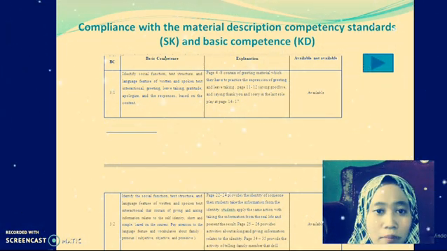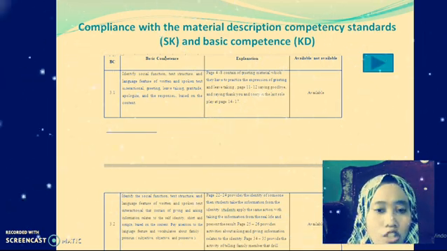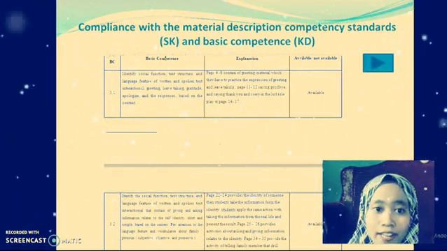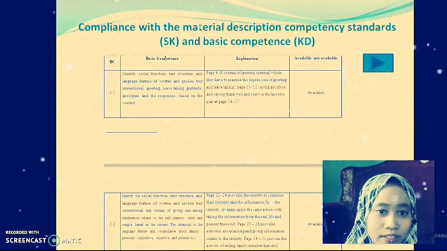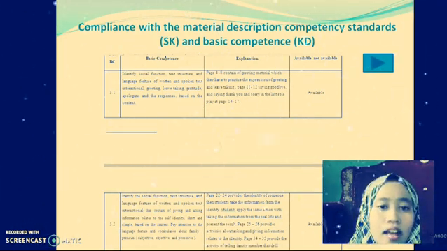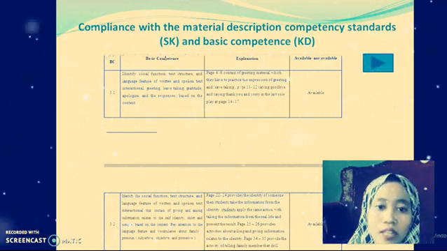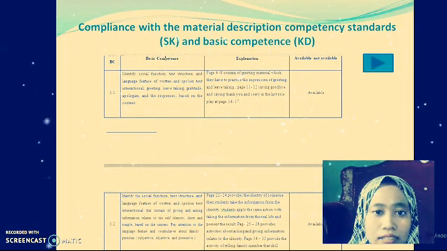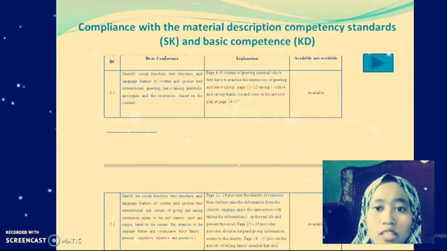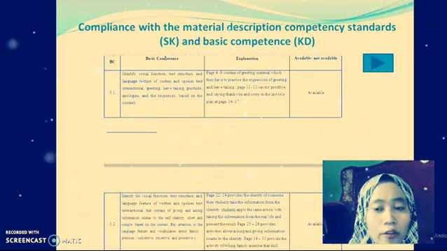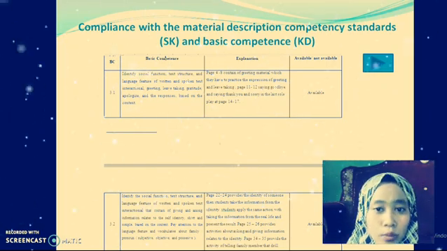The first basic competence is identify social function, text structure, and language feature of written and spoken text instructional, greeting, leave-taking, gratitude, apologize, and the response based on the context. And this basic competence is available according to the textbook.